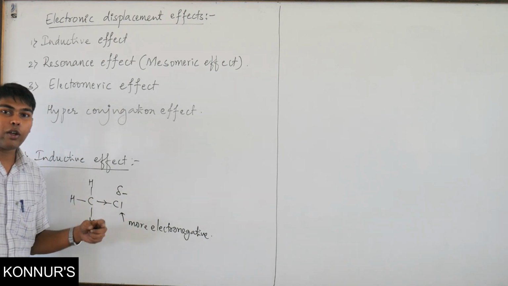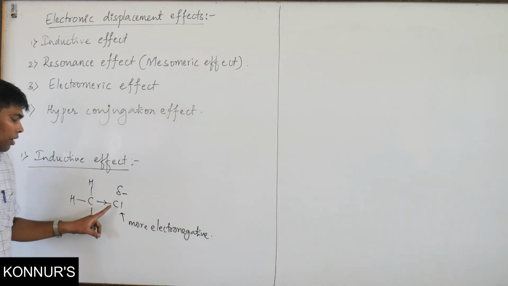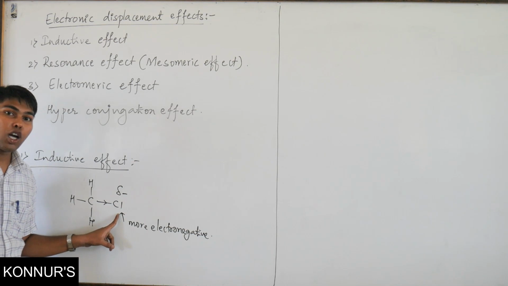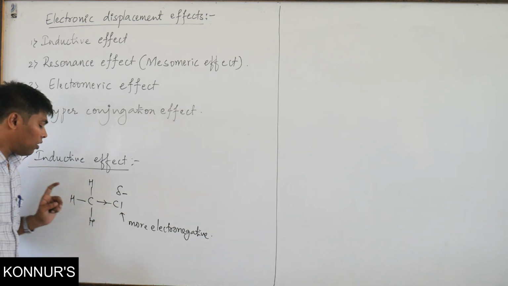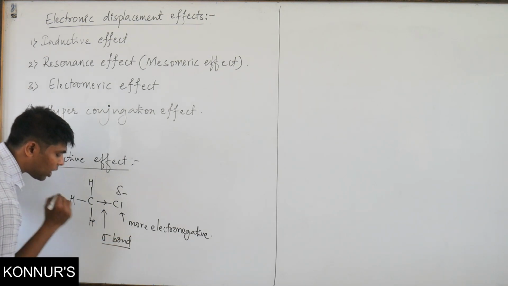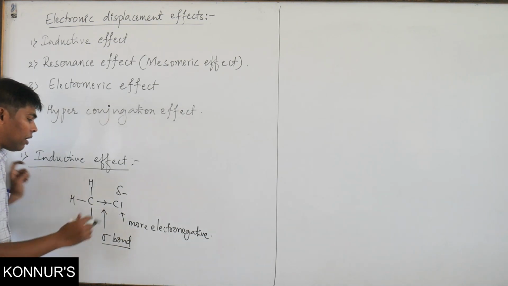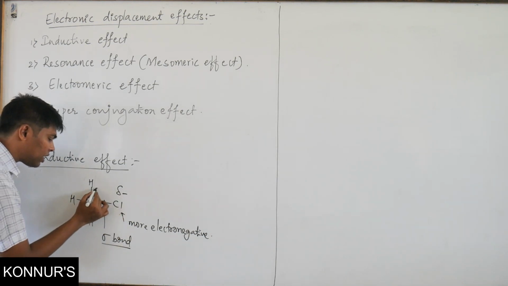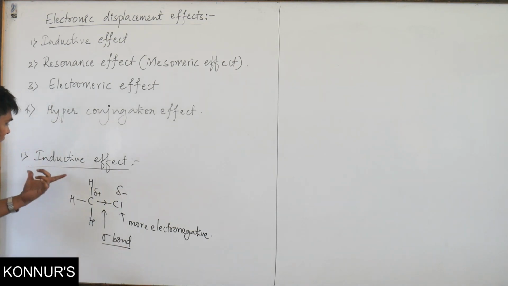So the more electronegative nature of chlorine triggers the chlorine atom to draw the bonded pair of electrons, which is a sigma bond. So the sigma bonded pair of electrons is displaced towards the more electronegative element, and that will take the partial negative charge and this will take the partial positive charge. So this effect is known as the inductive effect.